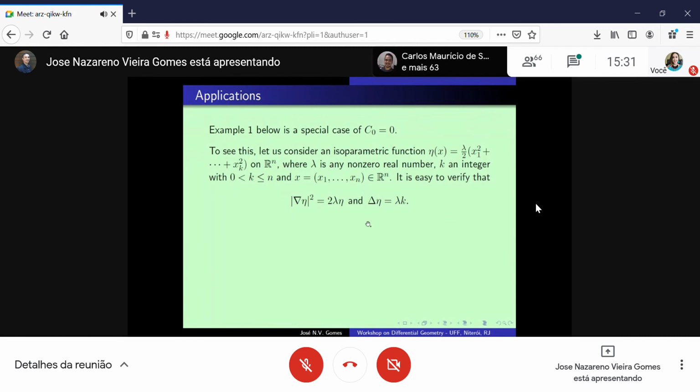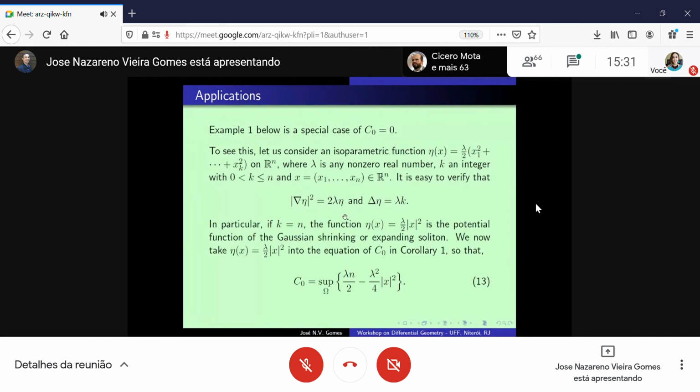We can verify these equations, particularly if k is equal to n, this function is the potential function of the Gaussian shrinking or expanding soliton, depending on the sign of lambda.